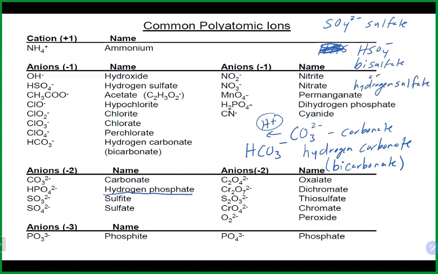So that's another very common thing that you'll see on a polyatomic ion table. For example, you could also have dihydrogen phosphate, which has 2 hydrogens as well.